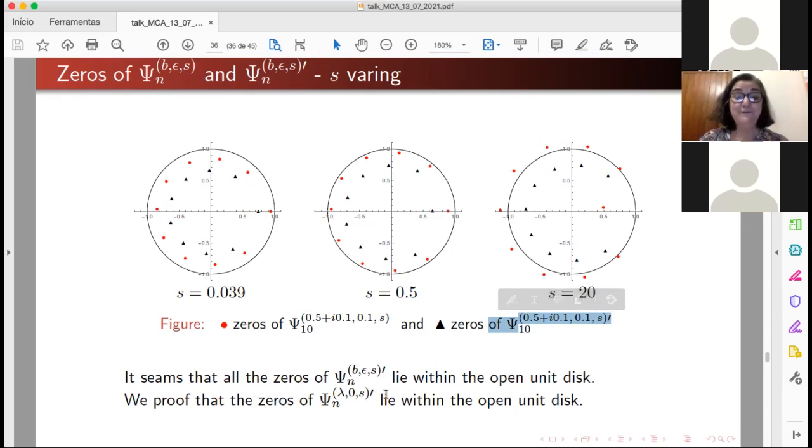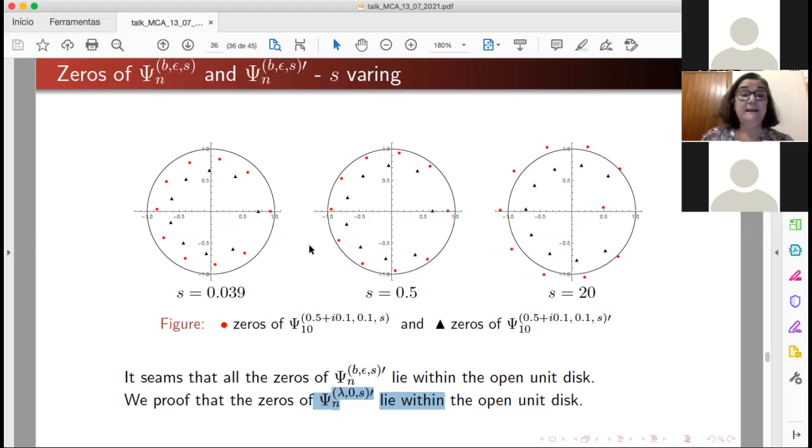What we managed to prove was that when epsilon equals 0 and also eta equals 0, the zeros of the derivative are always inside the unit circle. Our experimental results seem to show that, for the derivative, all are inside, but we are still studying them.